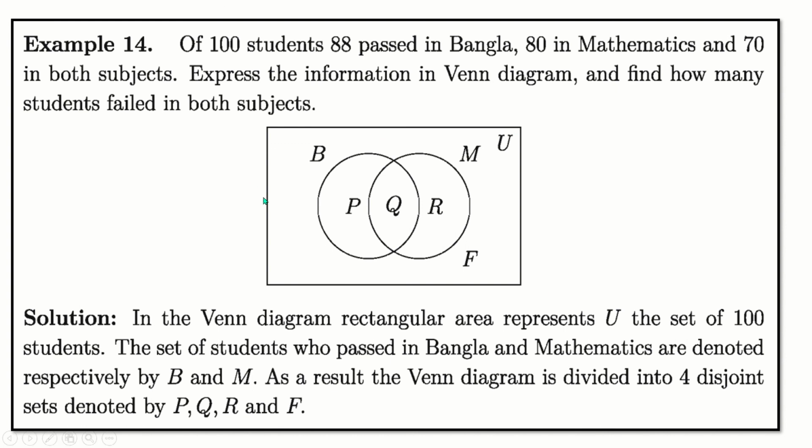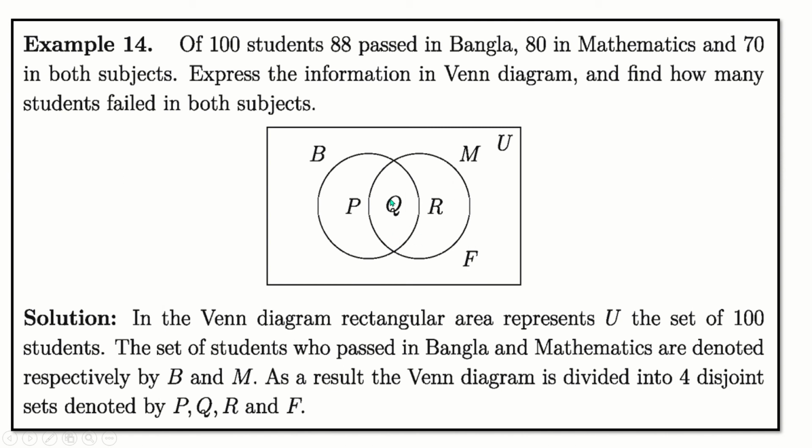Total, that means the rectangular set, that is U. U means the total part, the rectangular shape. B means the students who passed in Bangla, that means 88, and M, the students who passed in mathematics, that is 80, that means M in total.